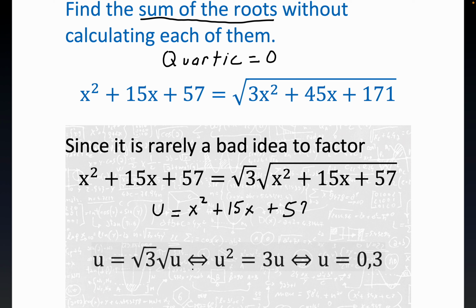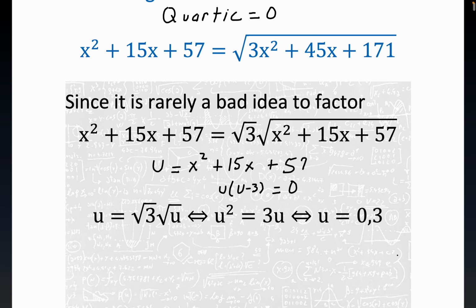So now we get this result, and then squaring is just trivial. If you want to see the work, I doubt you need to see it, but if you factor out a u, you would end up with u times (u minus 3) equal to 0 when you bring everything to one side. So we have these two results, u equals 0 and u equals 3. Now let's see what we can do with that.